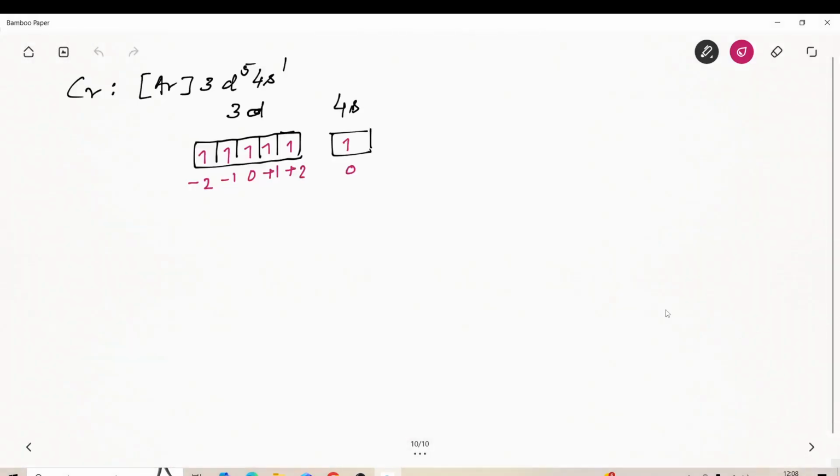So if you want to find out the value of capital L, see, here -2, -1, 0, +1, +2 for the d orbital, and 0 for the electron in the 4s orbital. So the value of L is 0. L is 0 means capital S.